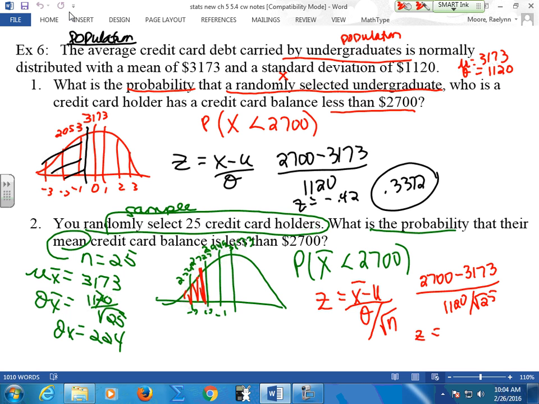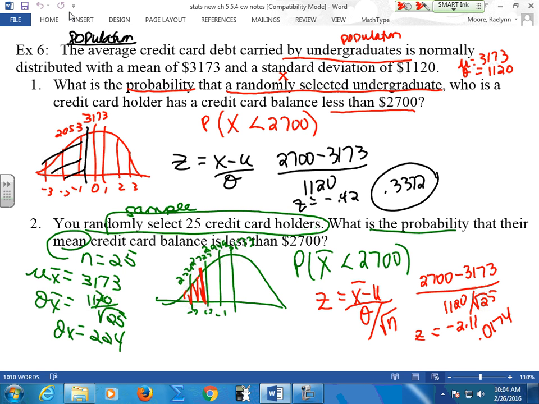And we get a z-score of negative 2.11. And we said it would be just slightly to the left of negative 2. We look up the area, and the area is about 2%. 2% probability that we will get a sample of 25 whose average, whose mean balance, is less than 2700.